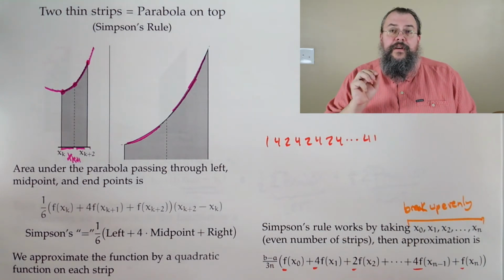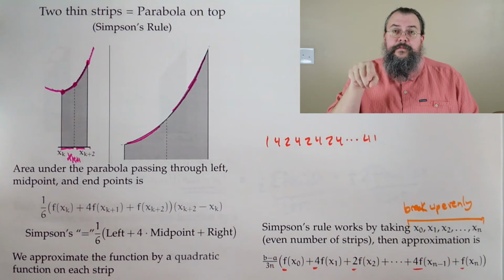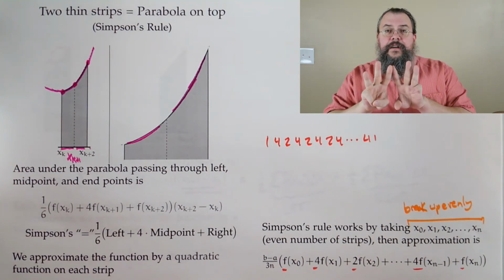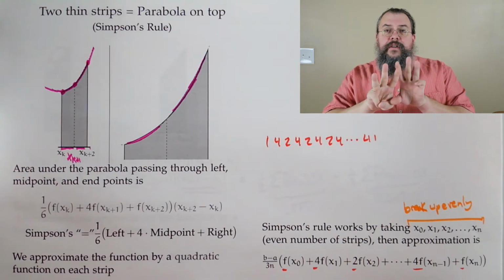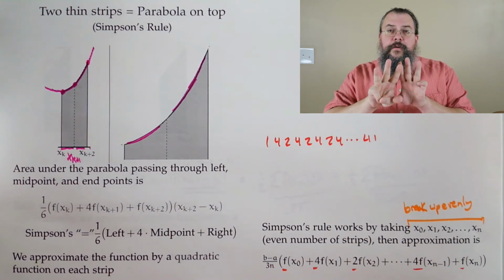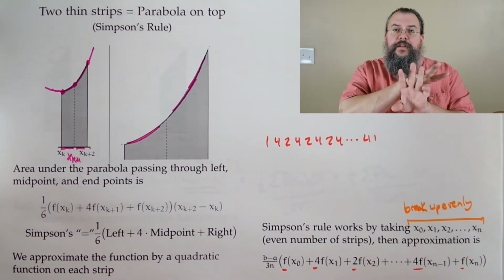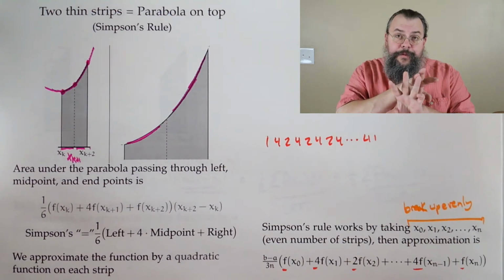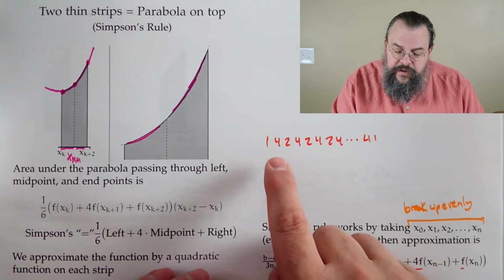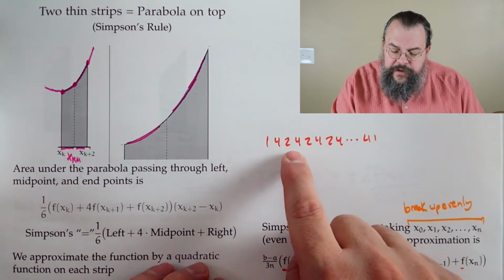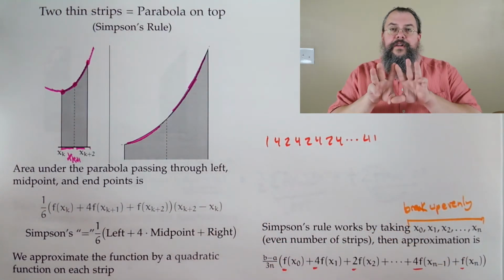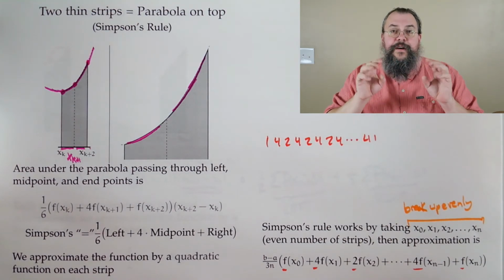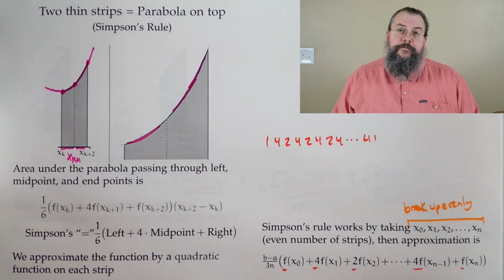Well, when I look over 2 consecutive intervals, I'm looking at 1, 4, 1, and then the next consecutive will be 1, 4, 1, but notice that the 1s line up. So you'll end up with a 1, 4, 2, 4, 1. Really it's a 1, 4, 1, and then on top of that is a 1, 4, 1. So these 2s are that coming together. You get that double counting coming into play.